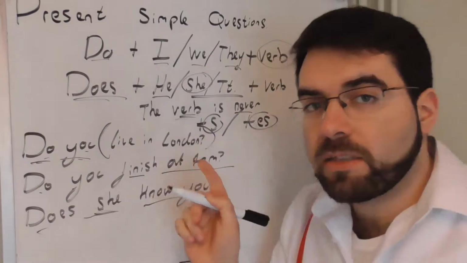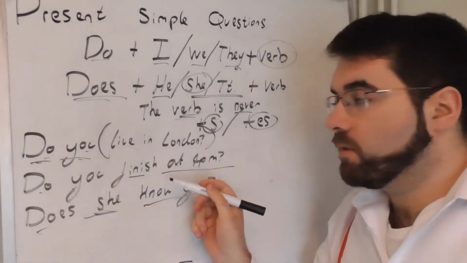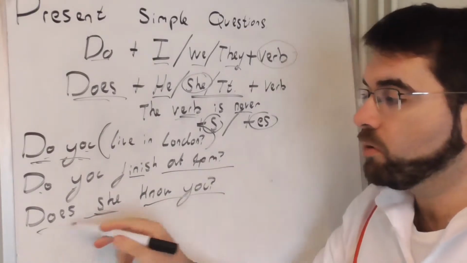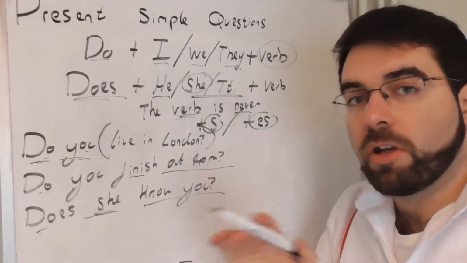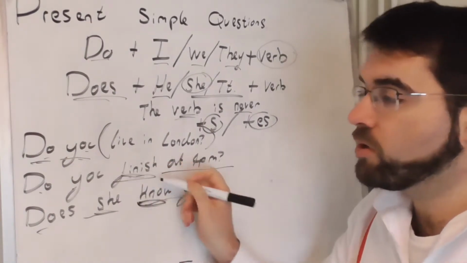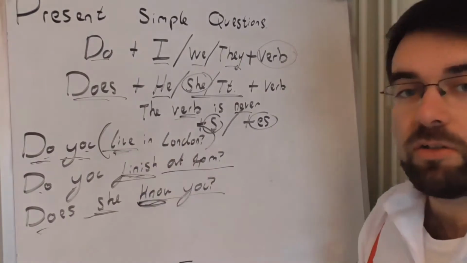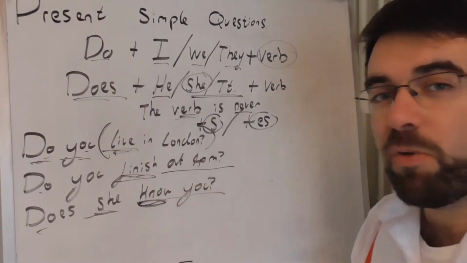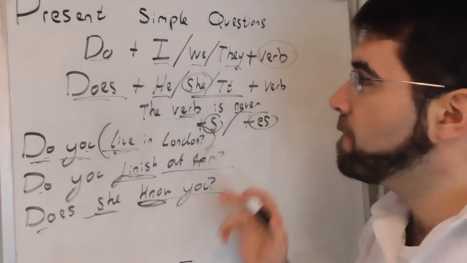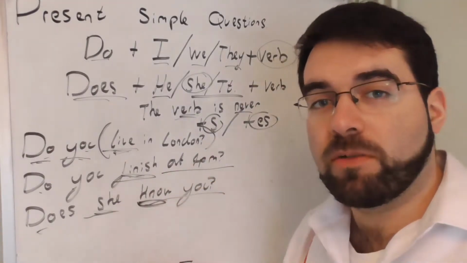Notice it's not S or ES. Not 'do you finishes at 4 p.m.' or 'does she knows you'. No, no, no. Does she know you? Do you finish? Do you live? Not lives. Do you live in London? You tell me where you live. So by simply adding a do or a does, we can turn it into a question.